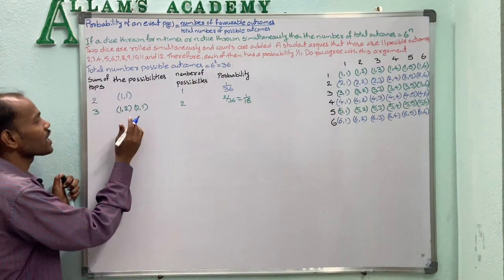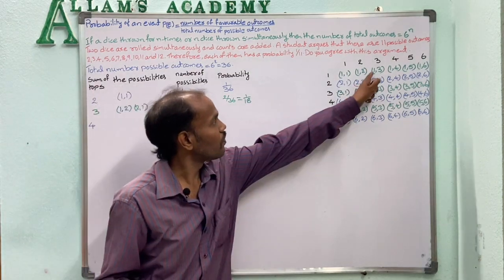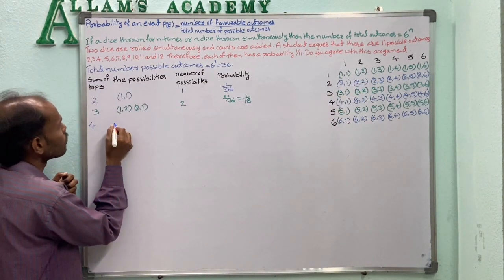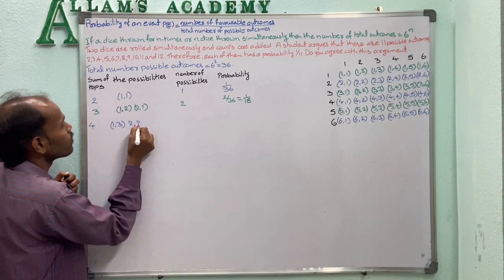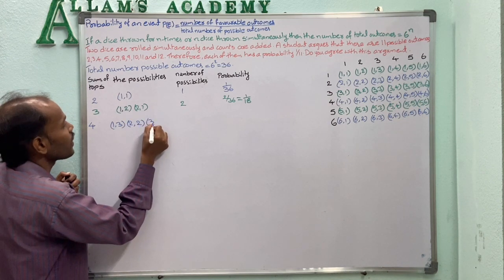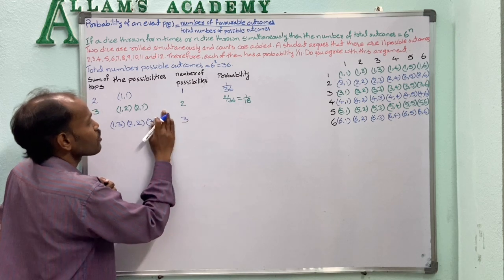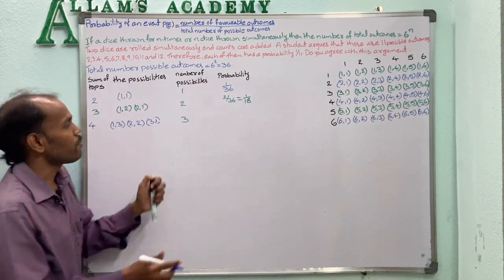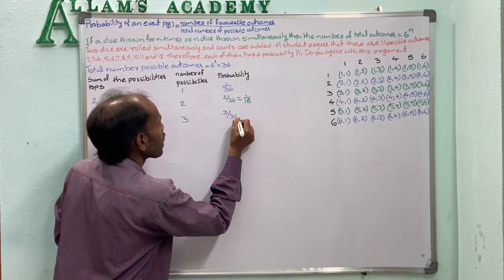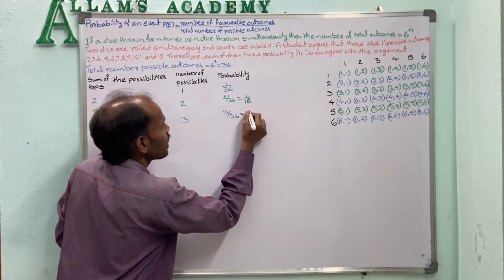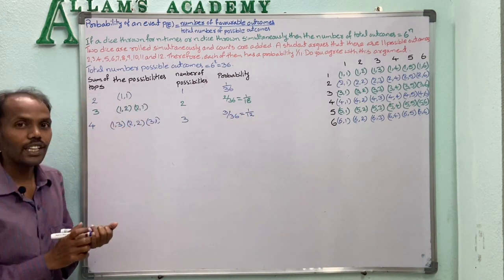If the sum of the tops is 4, the possible outcomes are 1 3, 2 2 and 3 1. They are 3, so the probability is 3 by 36, that is nothing but 1 by 12.